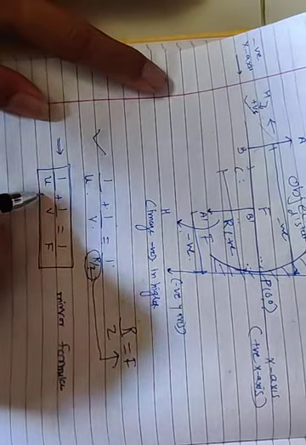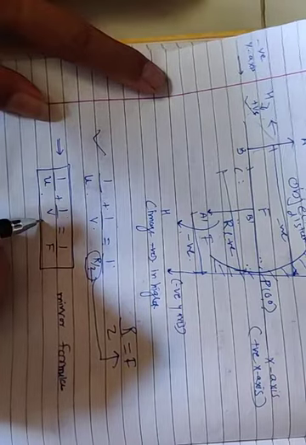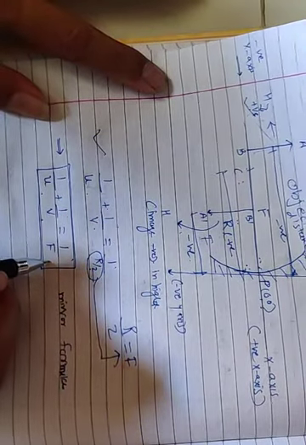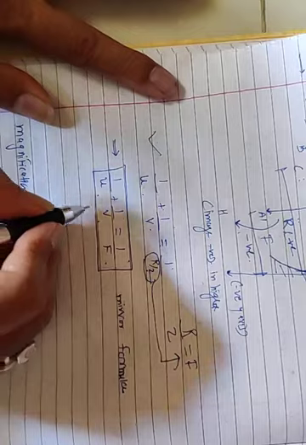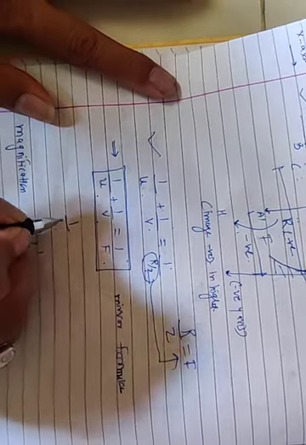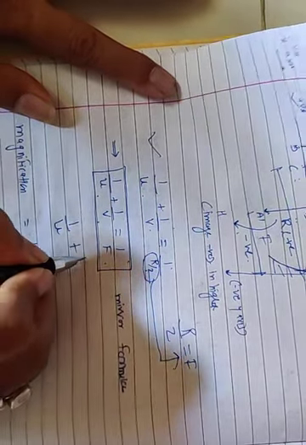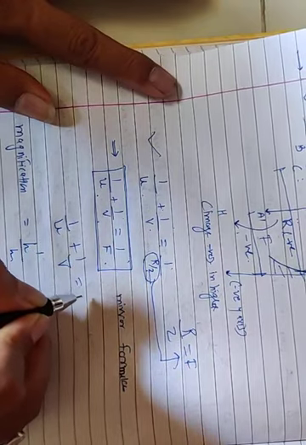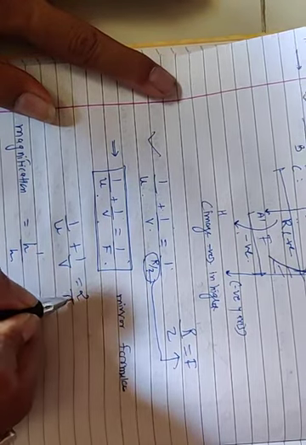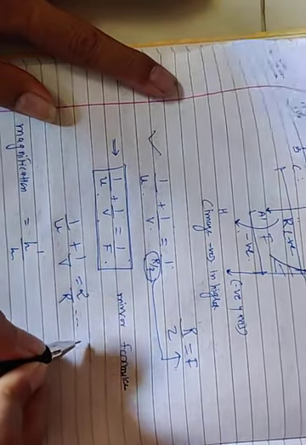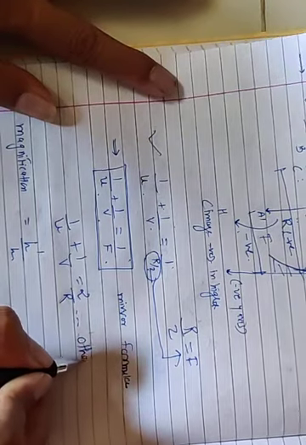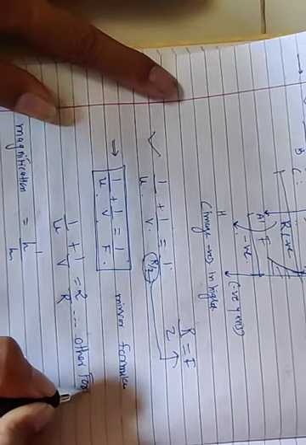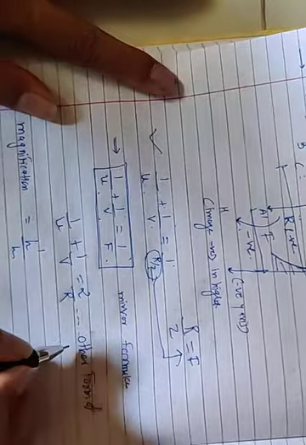I am going to get 1 by u plus 1 by v is equal to 1 by f. The same formula, if I change it, I can write 1 by u plus 1 by v is equal to 2 by R. This is another form of the mirror formula.